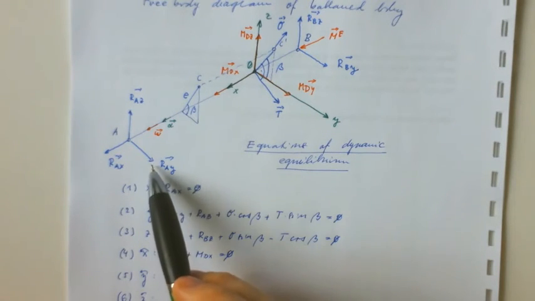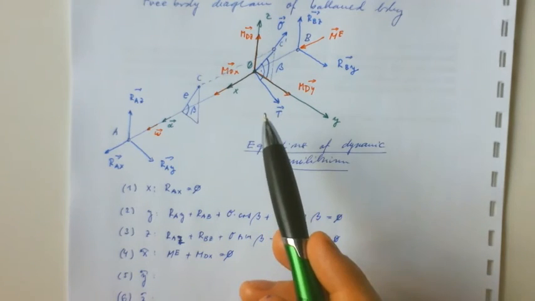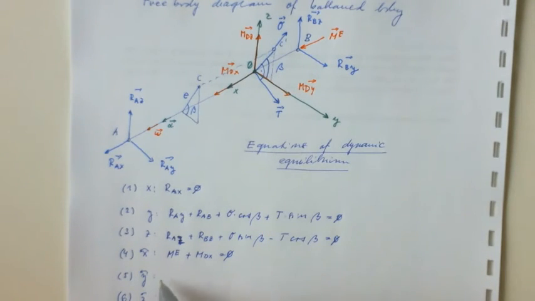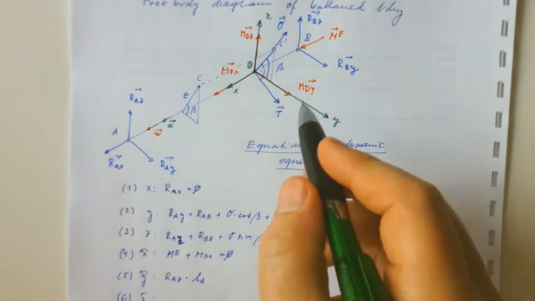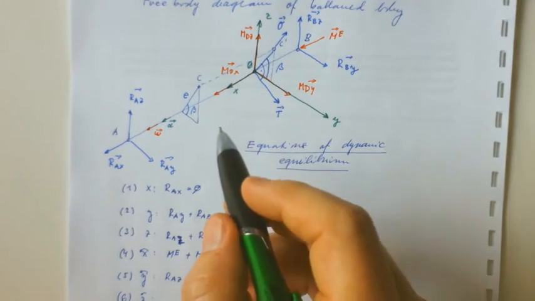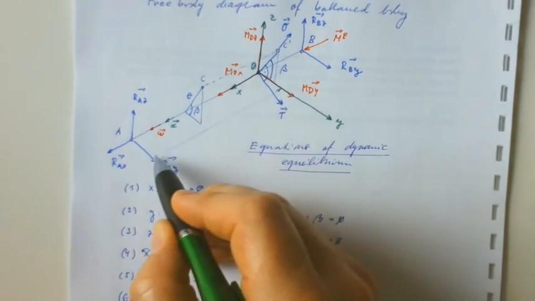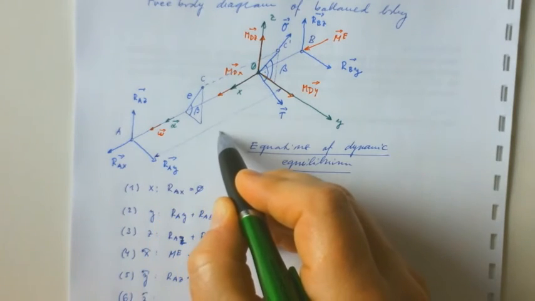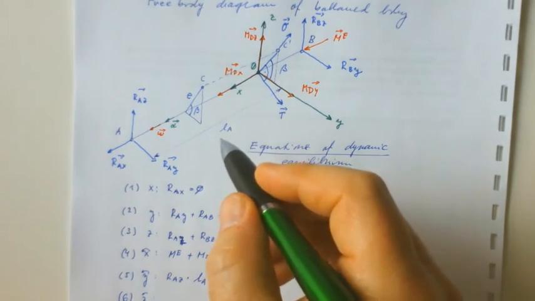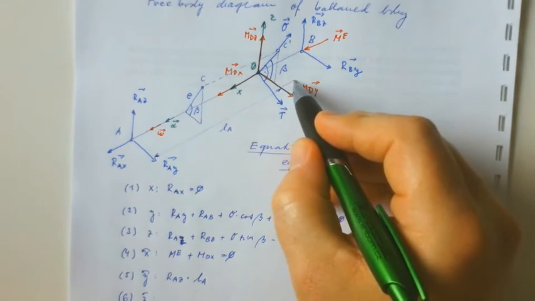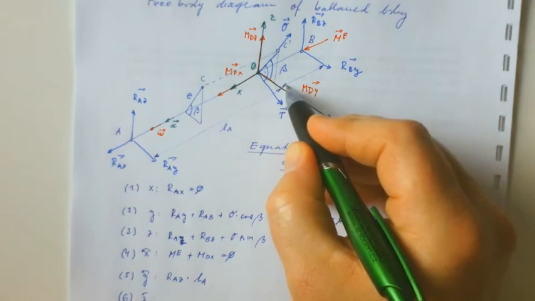Moments about y axis, they are Raz by, let's say, La, and La is this distance, and Lb is this distance.